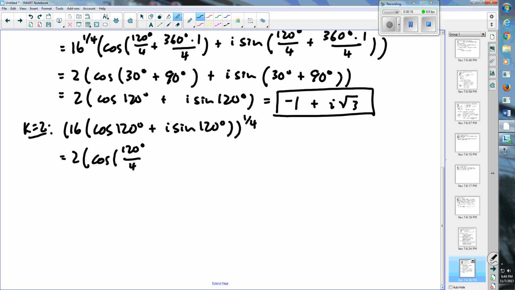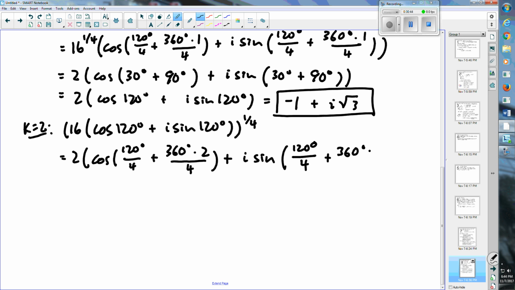It's always 120 over 4, and then plus a multiple of 360 over 4, times k, which is 2, over 4, plus i times the sine of 120 degrees over 4 plus 360 degrees times 2, which is the k, over 4.